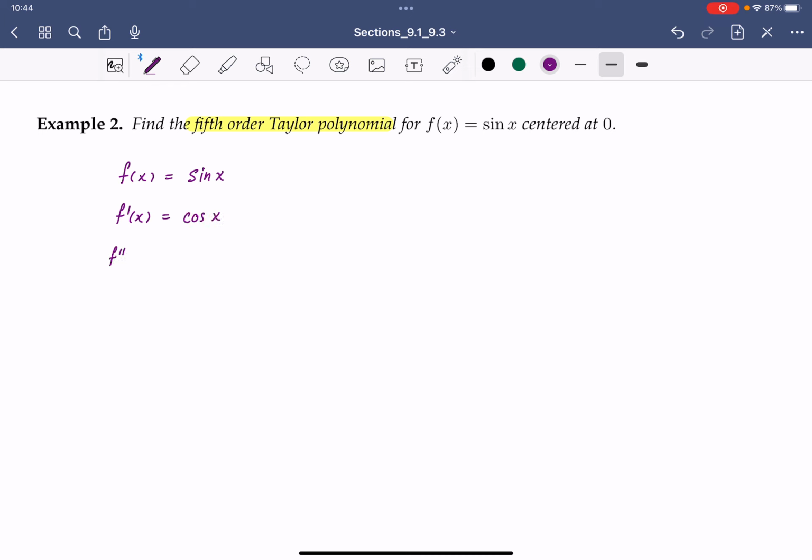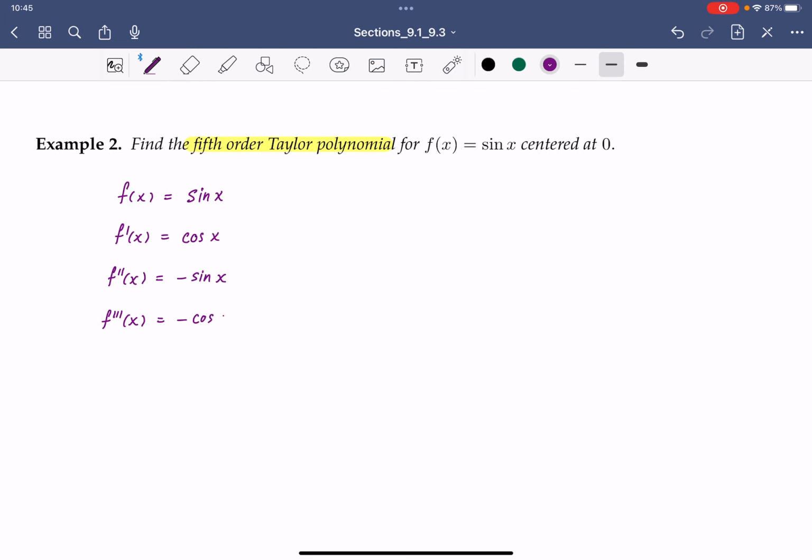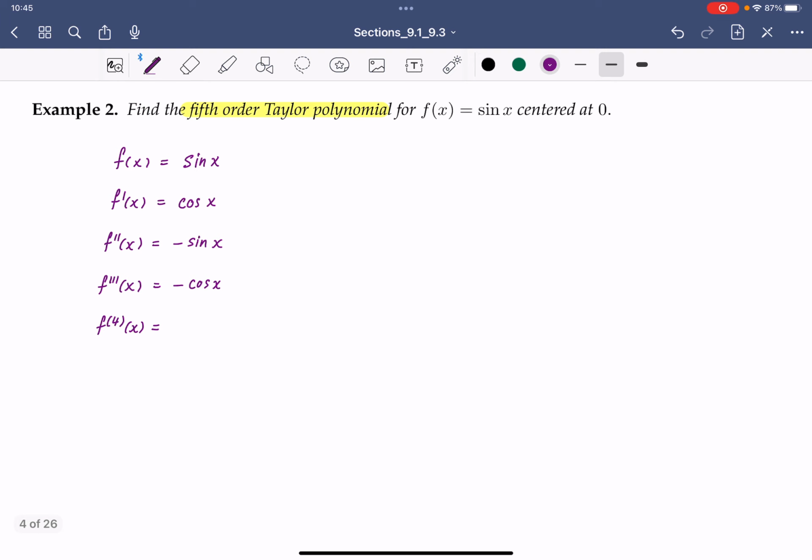You differentiate another time, you differentiate cosine, you get negative sine, right? And then you differentiate the third time, so you get negative cosine. And then you differentiate one more time, the fourth time, so differentiate negative cosine, you're going to get positive sine.